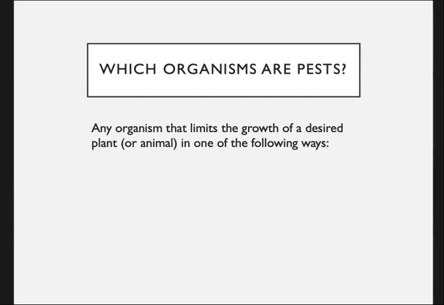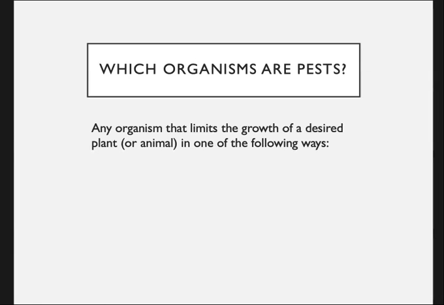So the organism has to reduce maybe the availability of that plant or animal, the quality or the value of, say, a crop in some way by maybe causing physical or cosmetic damage, or it can even change things at the biochemical level. It could change the flavor profile of a crop, or it may even decrease your overall quantity or yield of a particular product. And there are a couple mechanisms by which this can happen.